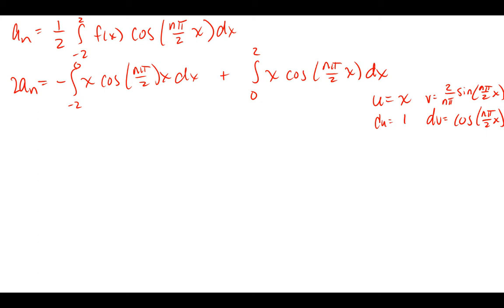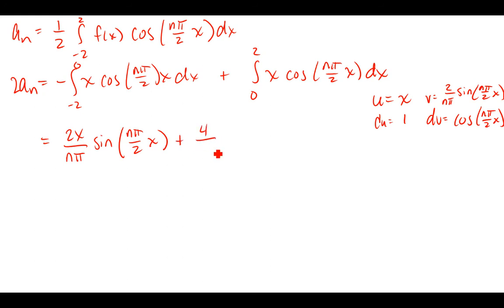So if you do this, what we end up with is, it's a little bit of a mouthful here, but I'll jot it down. So you get 2x over n pi times sine of n pi over 2x.